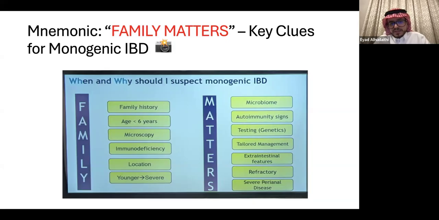Also, when we talk about microscopy, if you find abnormal histological reporting like apoptosis, that indicates something is off and you should suspect a monogenic disease.